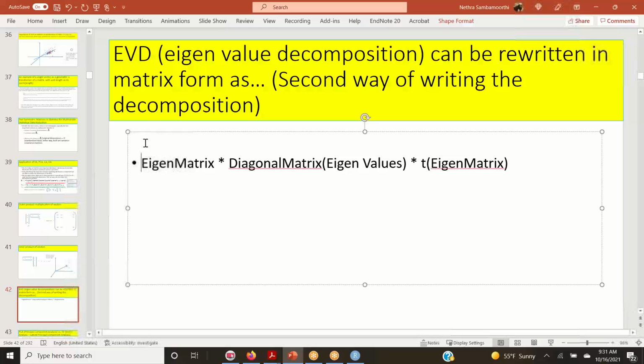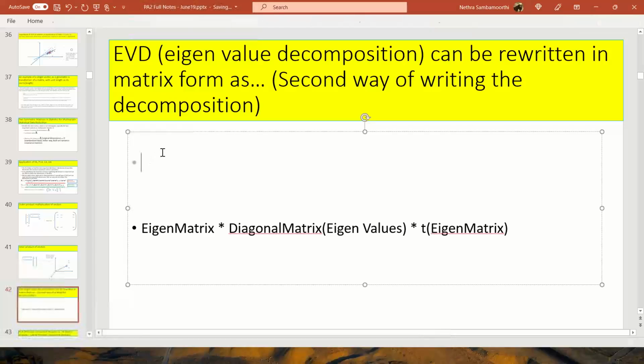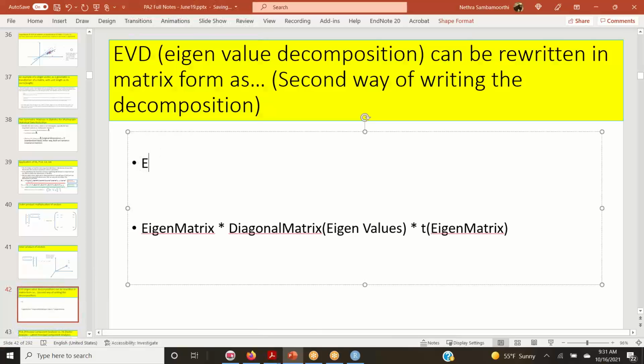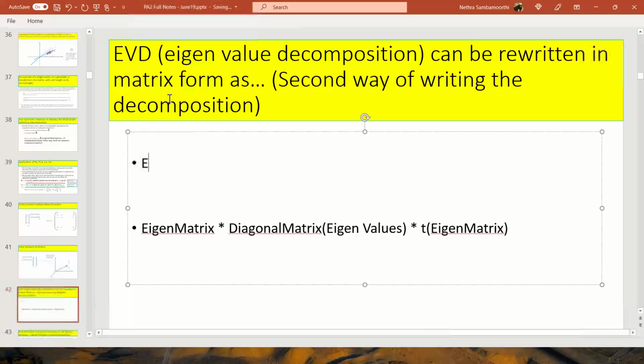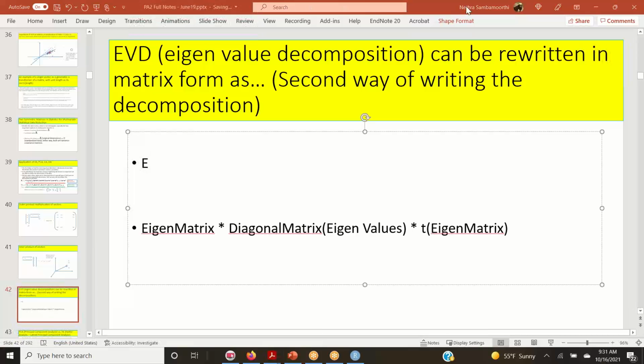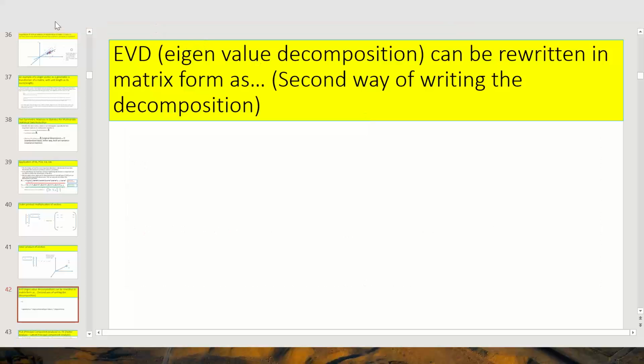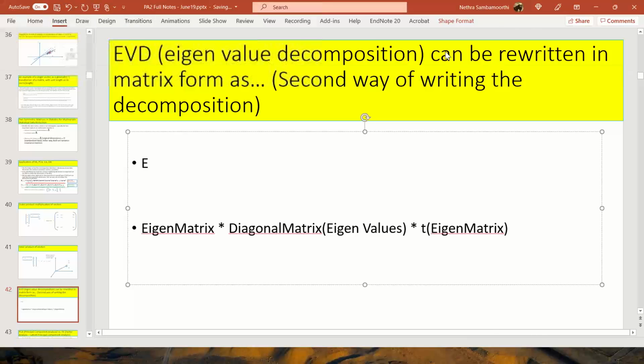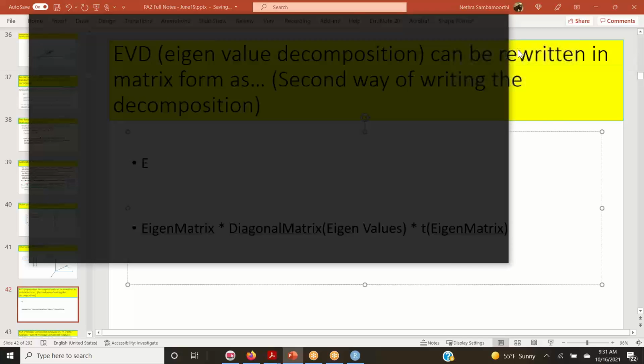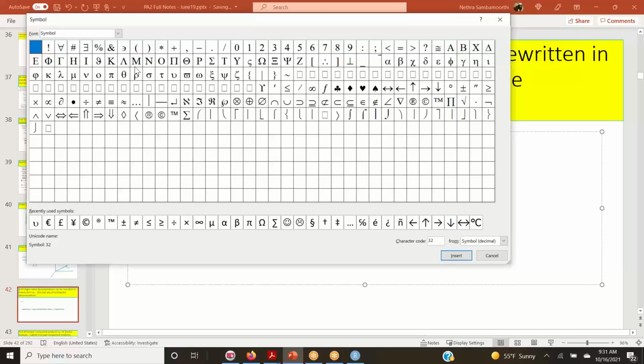If I want it in notation, let's call it E. I'm going to put some mathematics notation here. Insert, there must be a symbol. I'm going to put capital delta, which is a matrix.